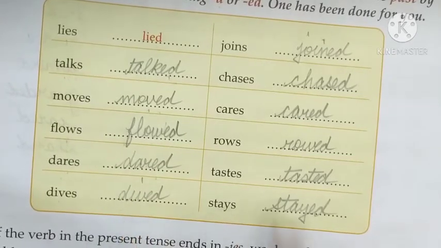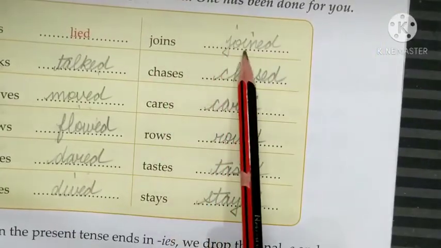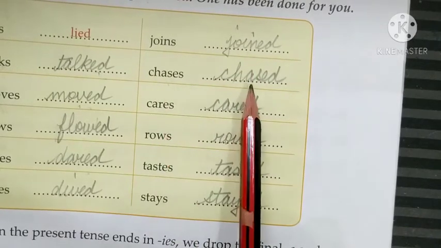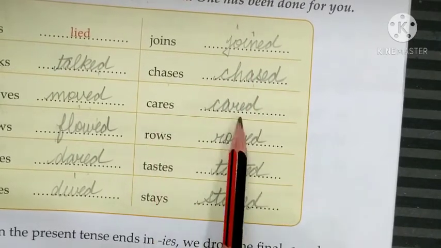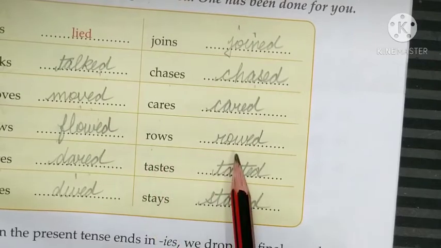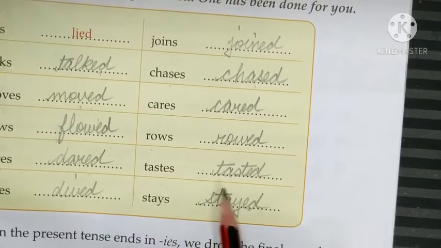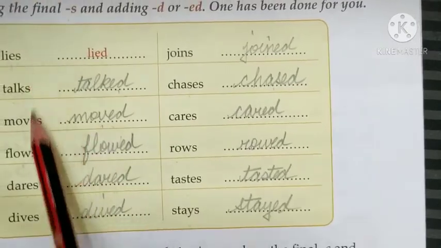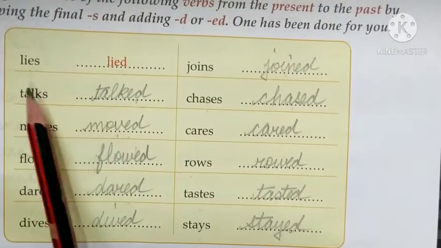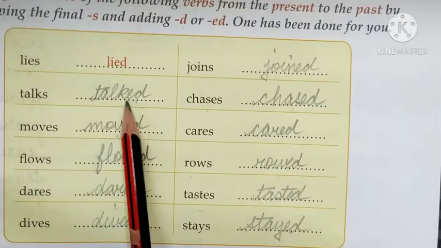Dives, dived. Joins, joined. Chases, chased. Cares, cared. Rows, rowed. Tastes, tasted. Stays, stayed. Now in all these words we have removed s and we have added ed to make it in the past tense.